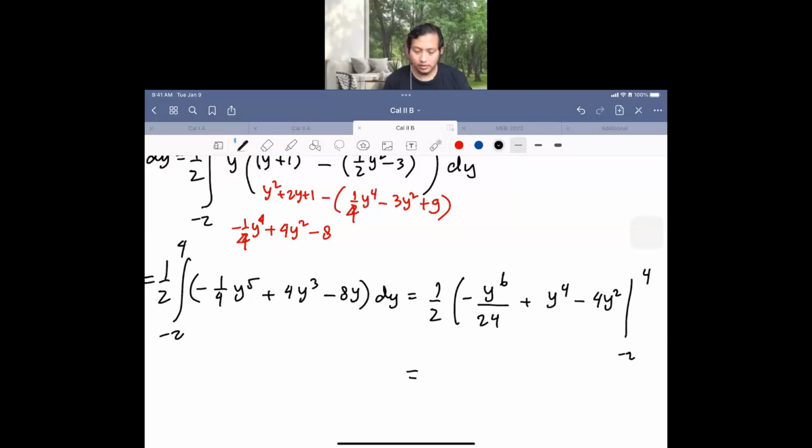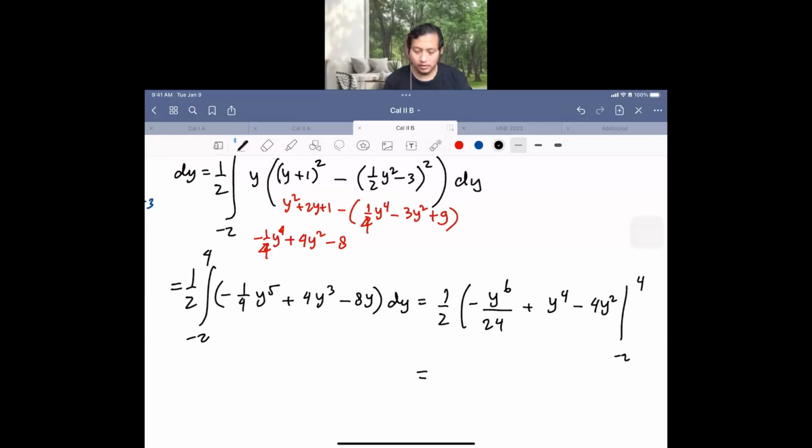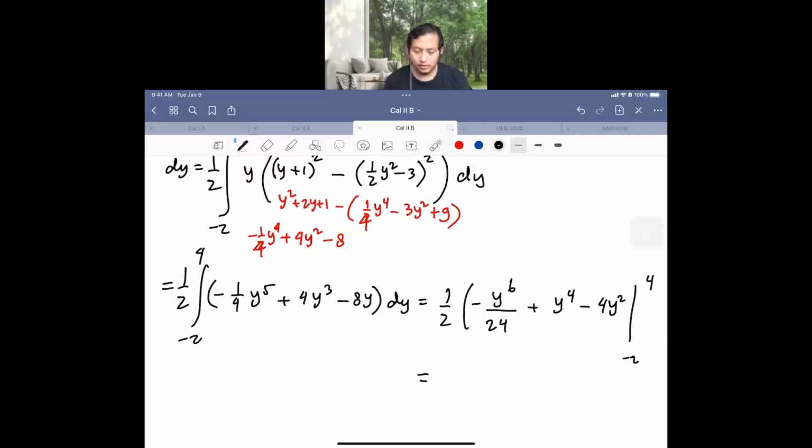Okay, now I think we can take this into, oh, wait. Forgot to write this one. Plus 2y minus 8.